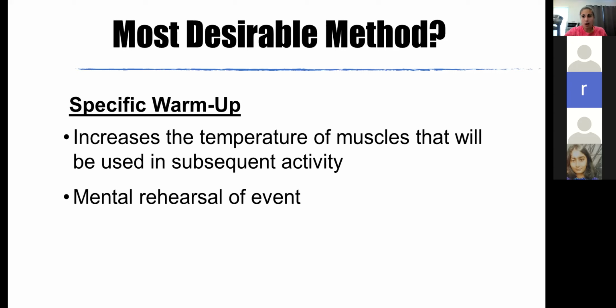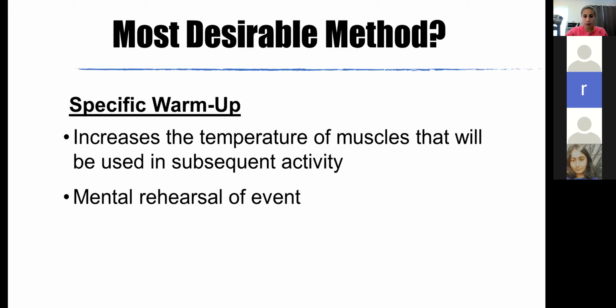If you don't squat at all before you get to your 1 rep max, maybe not a good idea, right? And typically you're going to gradually build up weight till you get to that weight that you're trying to hit for your 1 rep max, for example, right? So again, you do need to prepare yourself mentally as well, and not only physically. So that's just something to think about as well.